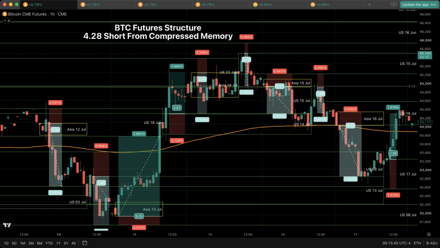That is the best short for the end of the week. Clean compression. Clean lower break. Clean target distance. Then, July 17th US gives the final trap. The session forms inside July 9th US memory. Price bounces. It breaks above July 16th US lower boundary.